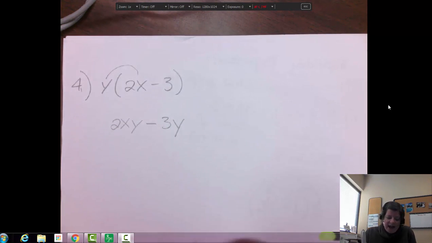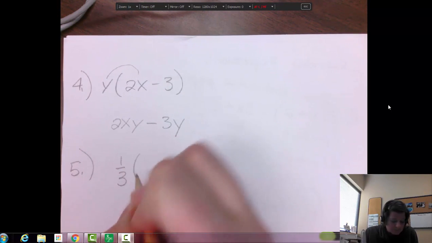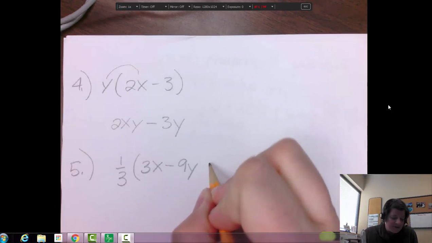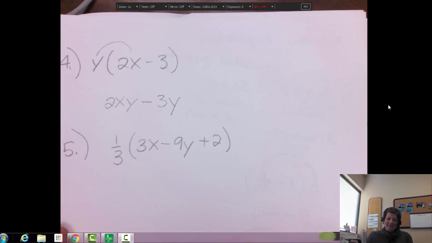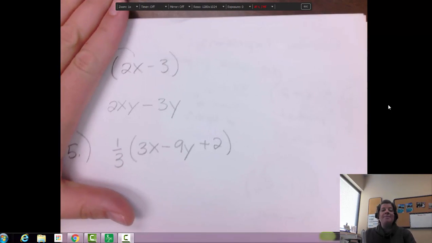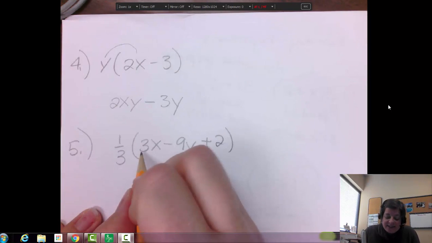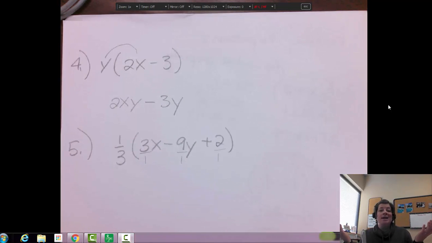Okay, so what if I had a fraction? I know everybody loves fractions, right? Okay, that's a no. So when I multiply or distribute this 1/3, this fraction, think of these numbers as over 1, and all you do is times straight across, and then we'll have to simplify those fractions.